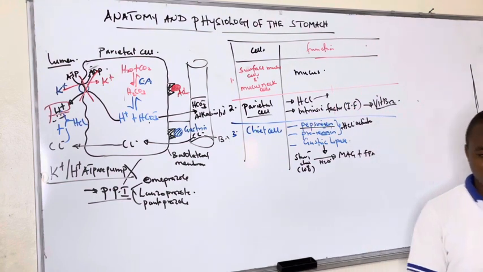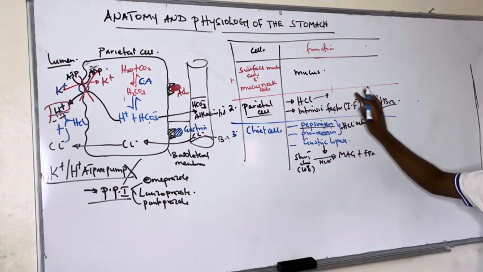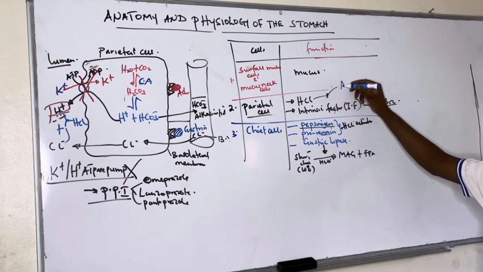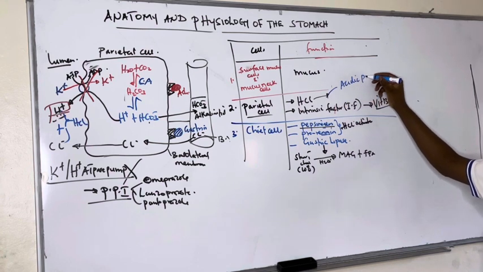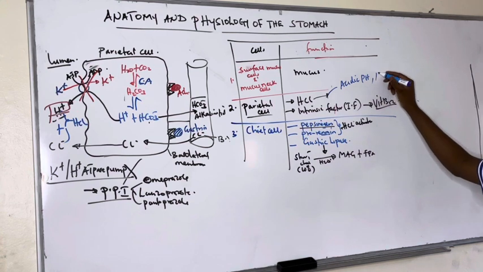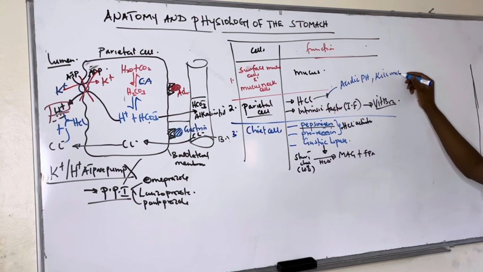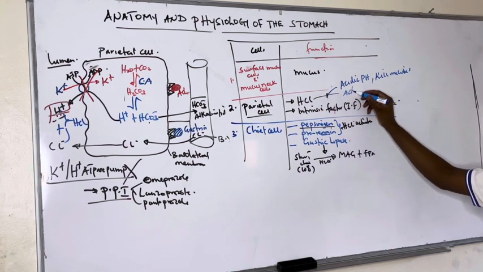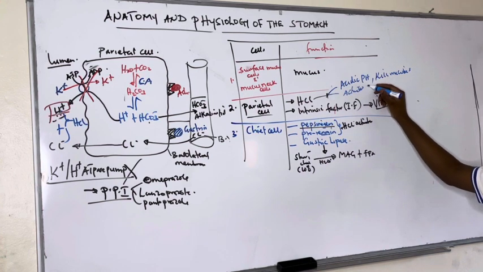The function of hydrochloric acid, it plays a big role in providing acidic pH. It kills the microbes that enter with the food, like bacteria. It also activates enzymes, the inactive enzymes.